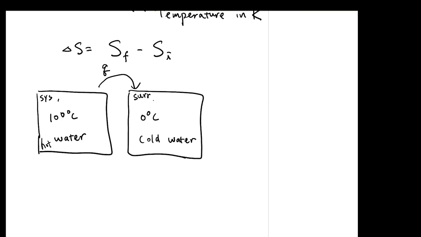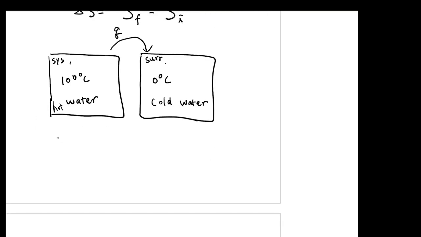Assuming that heat transfer is Q, I want to calculate delta S system, the change of entropy of my system. We say entropy is defined as Q over T. Right now your system is giving out heat to the surroundings, because heat needs to go from hot to cold.